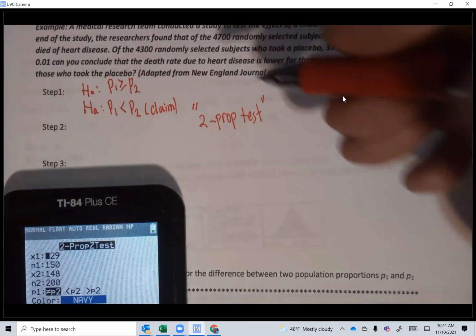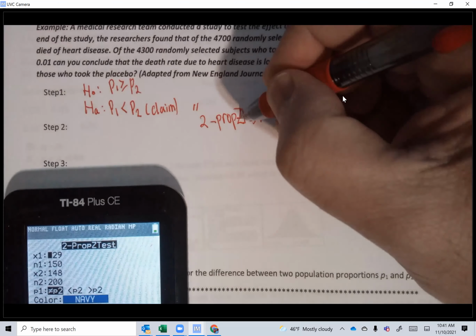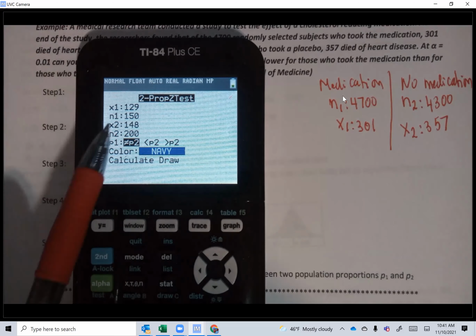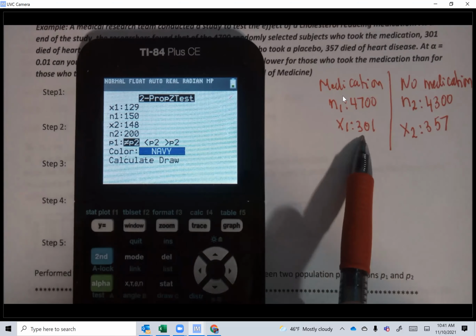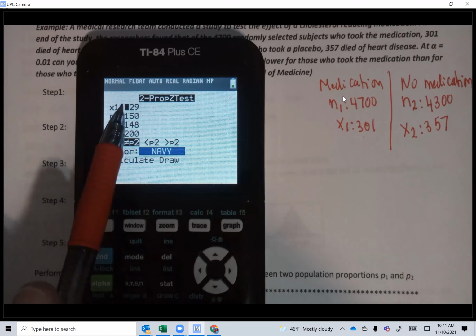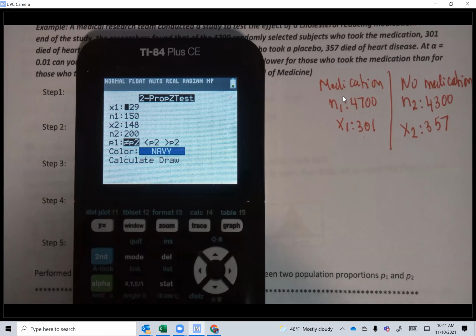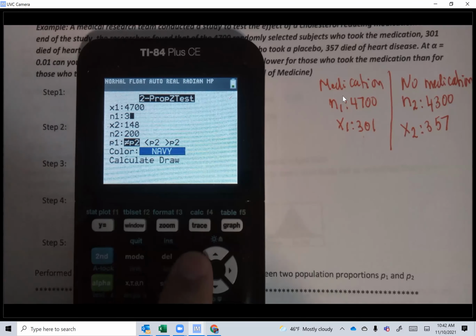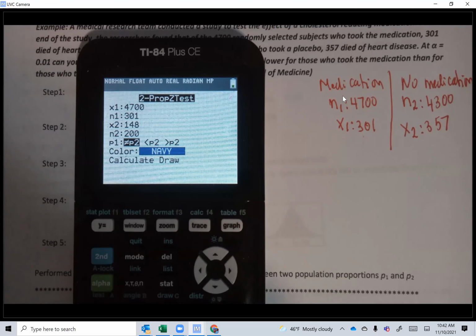Just put the z here. Okay, x1. X1 is always a smaller number, guys. So the 301, if you mix it up with N1, the calculator will halt. Let me just do it. You're gonna see that it's gonna be a mistake here. It's not gonna process it.